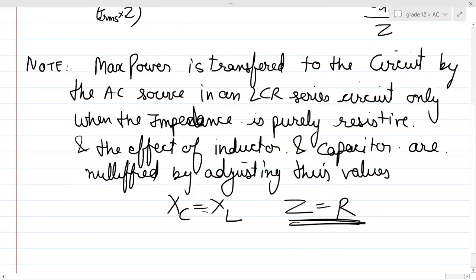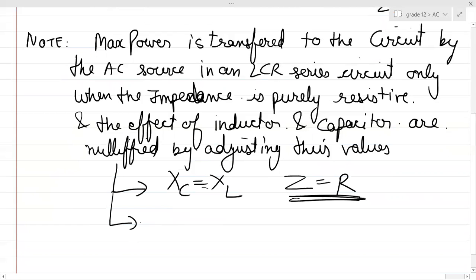Yes or no? So basically at this particular condition, the impedance is purely resistive. At every other time, when XC minus XL or XL minus XC will be something, Z will increase, right? If Z will increase, can we say IRMS will decrease, right?